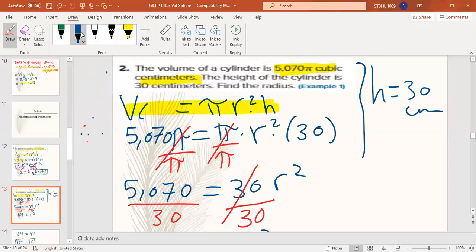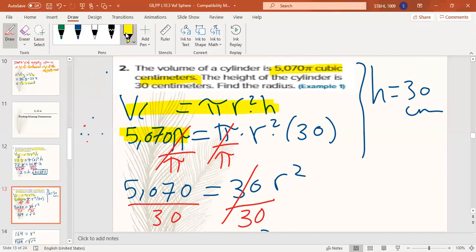And directly, I go to substitute by the given volume, which is 5070 pi, instead of volume in the left side equals pi times r squared times 30. I substitute by h, and I want to isolate the r squared.